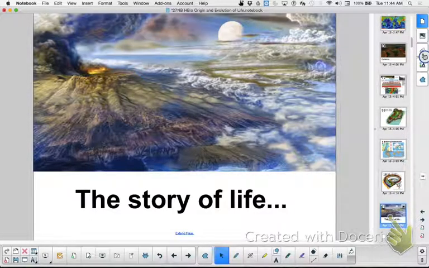The second essential understanding we discussed, and this was the last one, was to construct an argument based on evidence about the simultaneous coevolution of Earth's systems and life on Earth. How did we connect our geoscience with life?